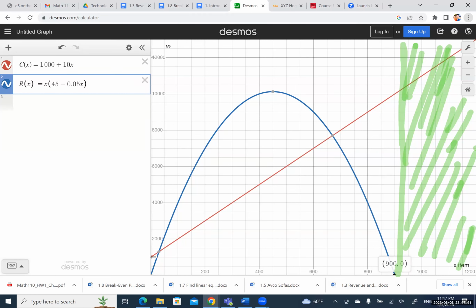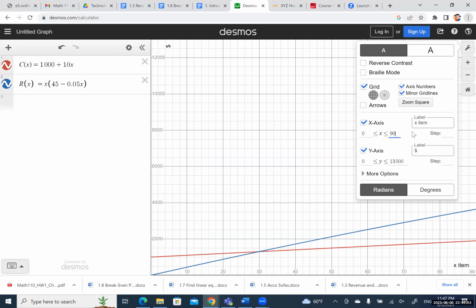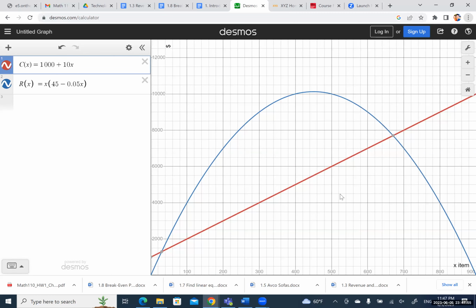Okay, so because of that, I have to adjust something, right? I will have to adjust x to be up to 900 now. Okay, and maybe the y-axis also needs to change. Do I need to consider values farther than 10,000 here? Not really, right?